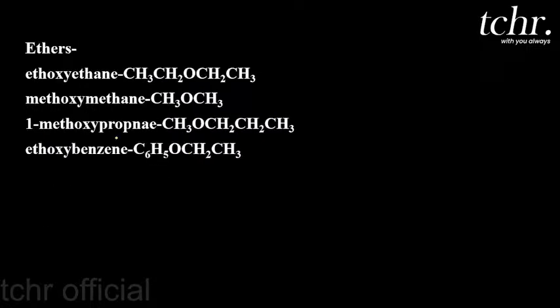Is that clear? Now see how to name ethers. Observe here: C2H5OC2H5, so ethoxyethane. CH3OCH3, methoxymethane. Now I told you when it is unsymmetrical, you have to combine oxygen with the lesser number of carbon atoms.